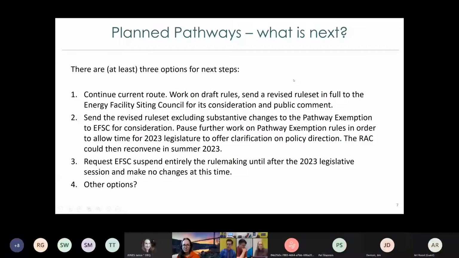Okay. So with that, I think the pathways and options slide is not a decision point today. What that slide was getting to is a decision point, perhaps at some point in the future, maybe after the next RAC meeting in particular.